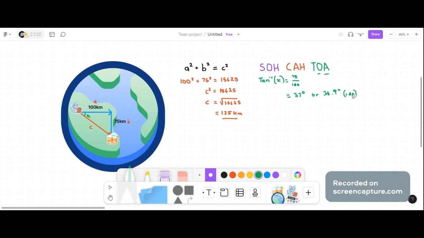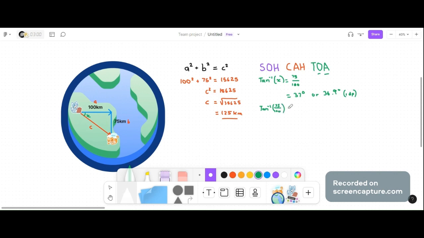Okay. So if you're doing this in your calculator, what you want to do is get to the inverse tan. So click shift, which should be at the top left, and then tan, if you have a scientific calculator. And then in this part here you want to put 75 over 100.